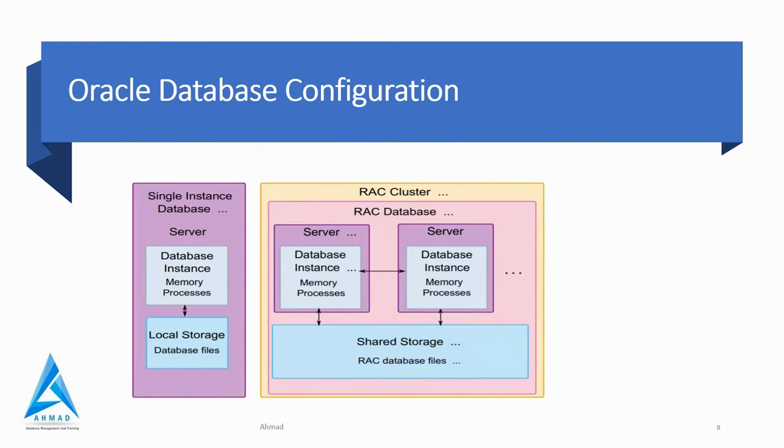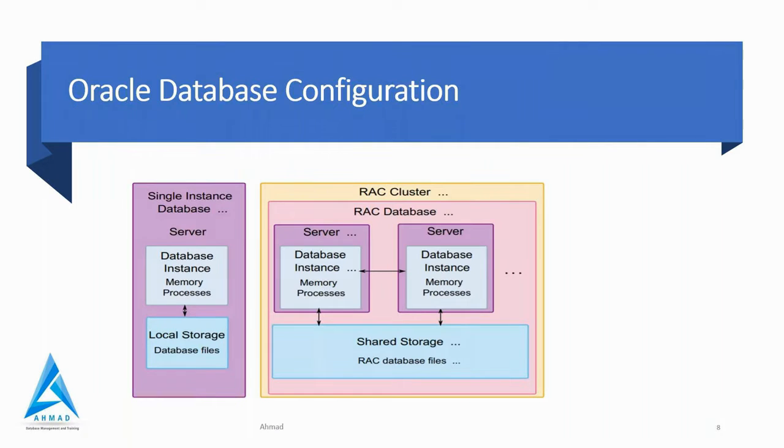So in single instance, basically we have one instance and that instance will attach to your database. Whenever a user wants to access data from the database, where data is stored in terms of tables and objects, that database cannot open without an instance.